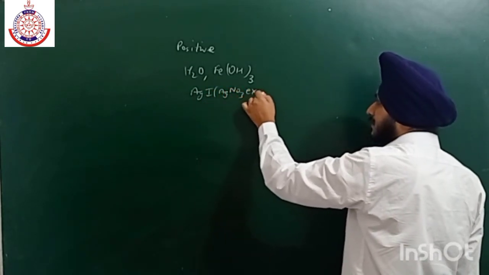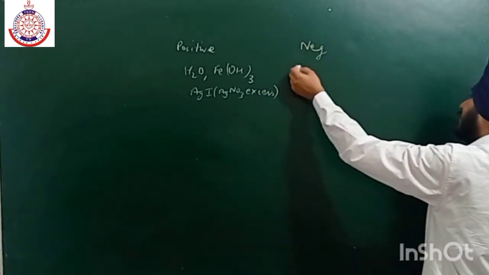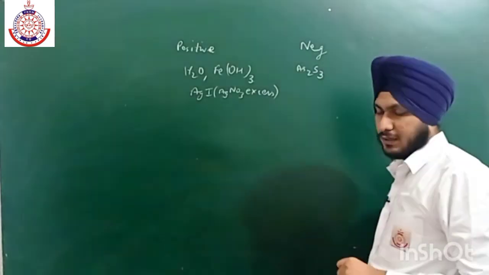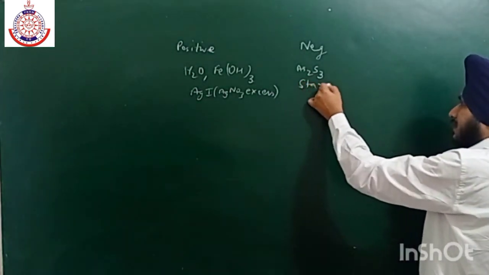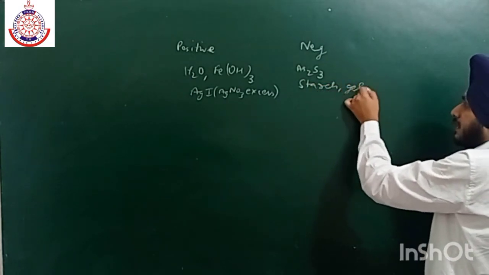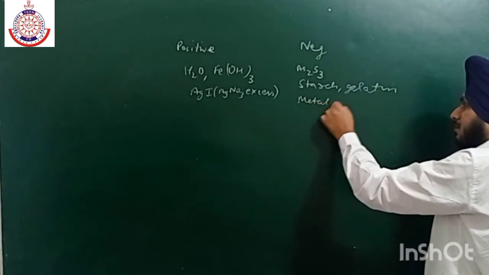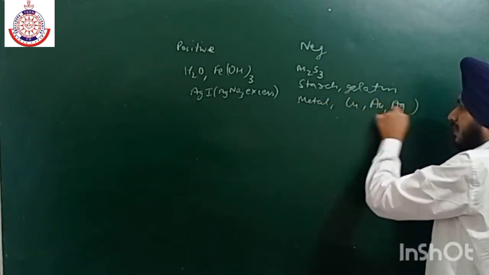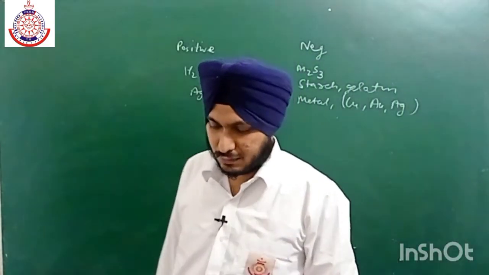For negative, the best example is As2S3. Similarly we have starch, gelatin, these all are negative. And some metals like copper, gold, silver, these all are negative. You have to keep these important examples in mind.